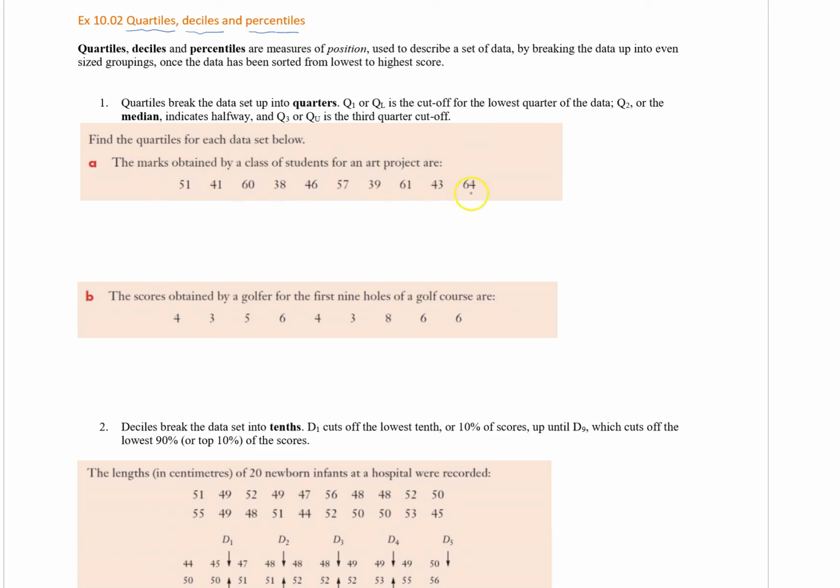Now, the problem with this is it's not in order smallest to biggest. I'll just pause the video and get it into order. So you can see there are 10 marks obtained by the students, and halfway would be after 1, 2, 3, 4, 5.